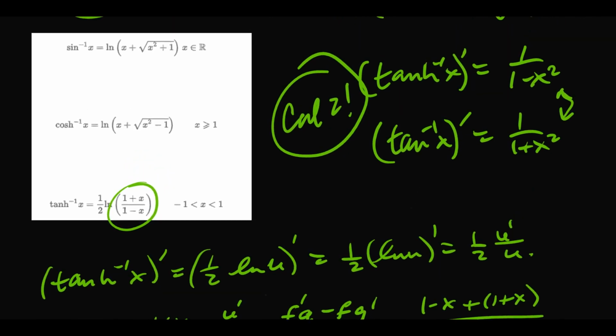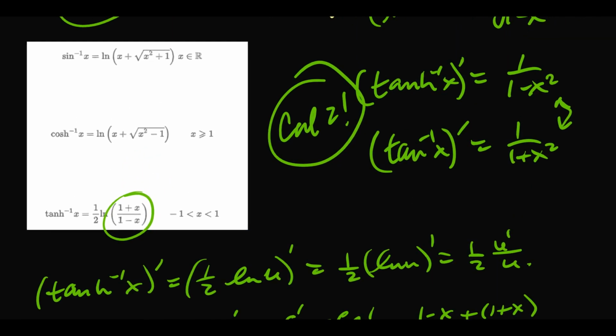The inverse hyperbolic tangent of x, when I take the derivative of it, I've got this natural log sitting in here, right? So I'm going to call all of this u for just a second, and take the derivative of that. Now, the derivative of natural log of u is u prime over u.